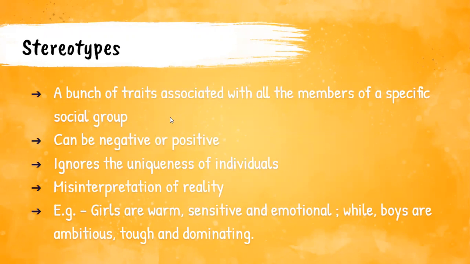Now, what have I done? I have ignored uniqueness. There are girls in our class who are highly athletic, girls all across. Some of them are highly, highly athletic. The boys cry too. And you have bad drivers all over the world and good drivers too. So, what have I done? I've misinterpreted the reality.